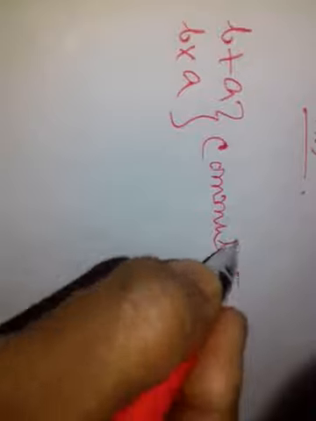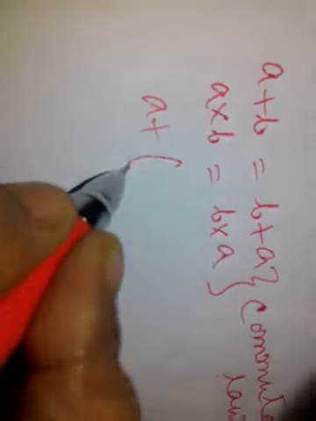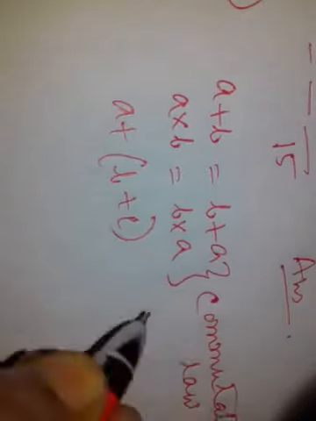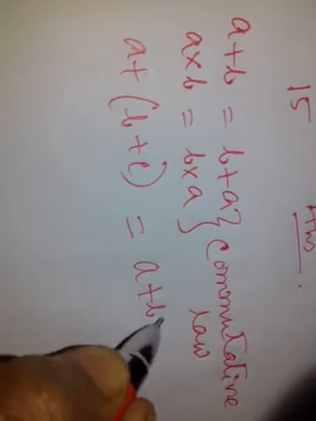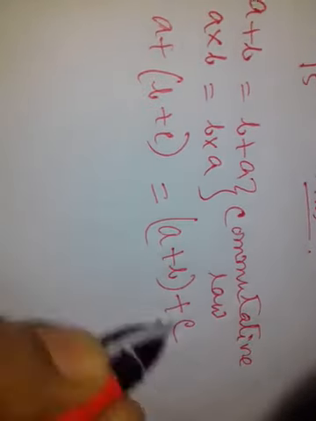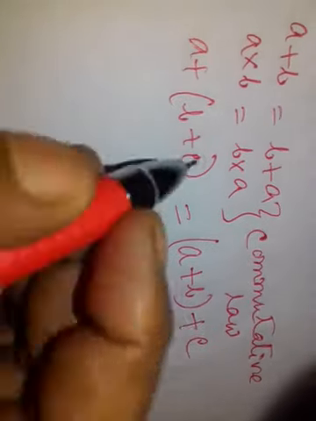What is associative law? A plus B within bracket plus C is equal to A plus B plus C within bracket. This is associative law of addition.